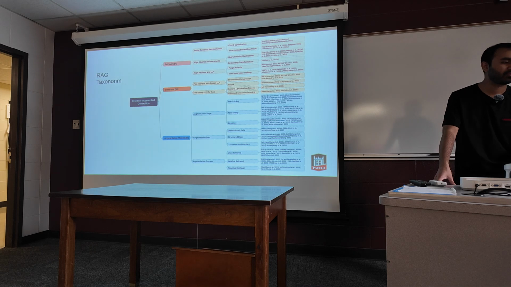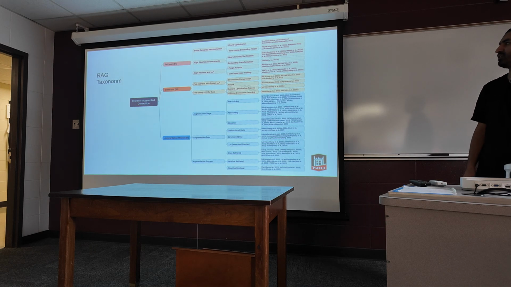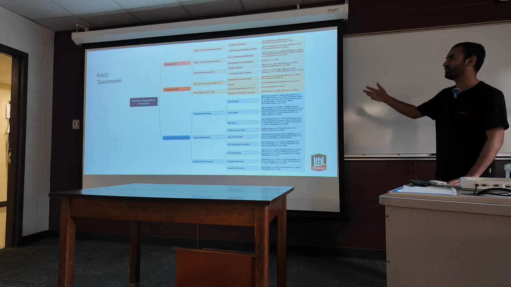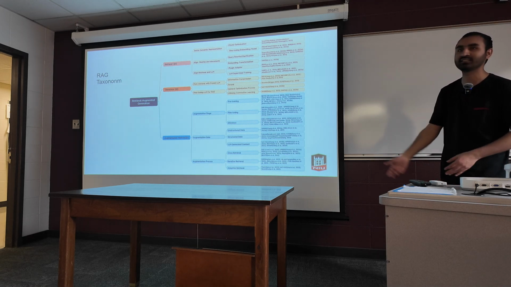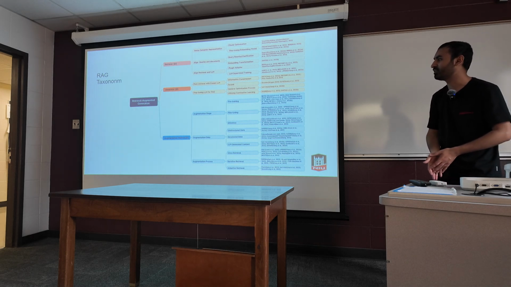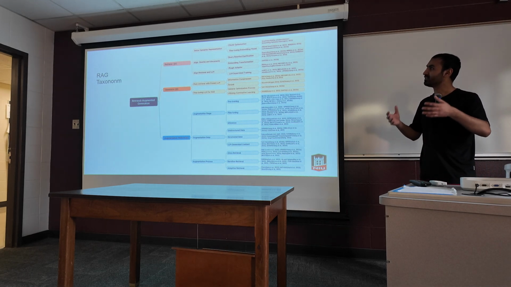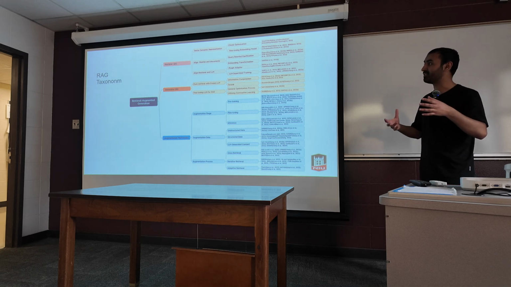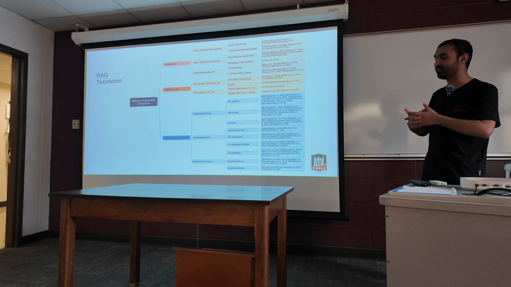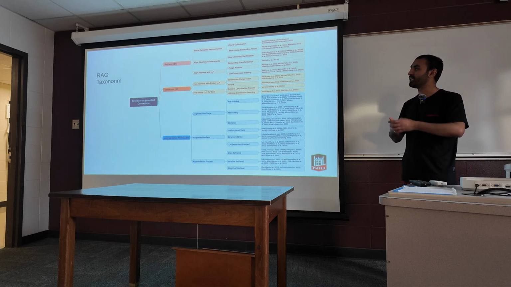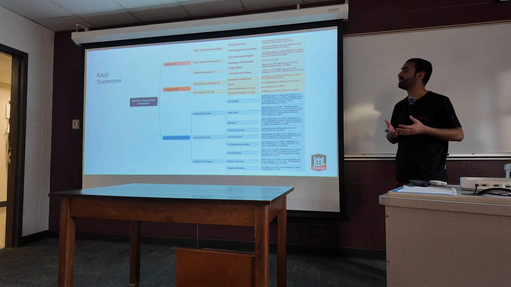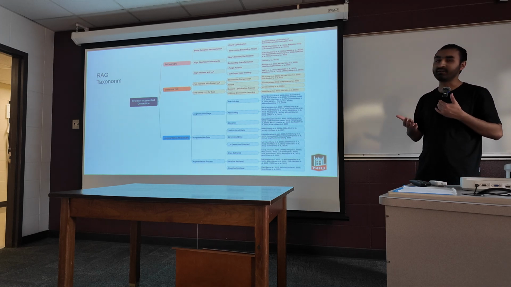So this is the RAG taxonomy. We have two components, retriever and generator, and the third one we can say is the augmentation method. The retrieved text from the retriever, like the vector database, is very important, and how the generator works is very important, but another important thing is how we are combining the retriever with the generator.